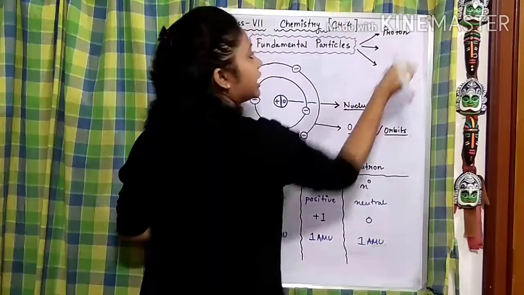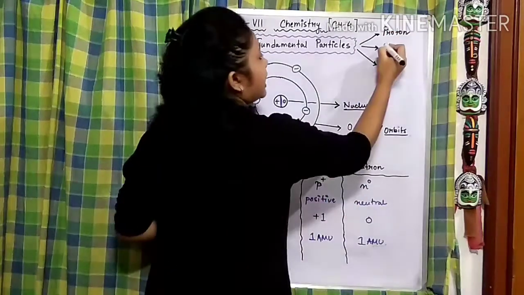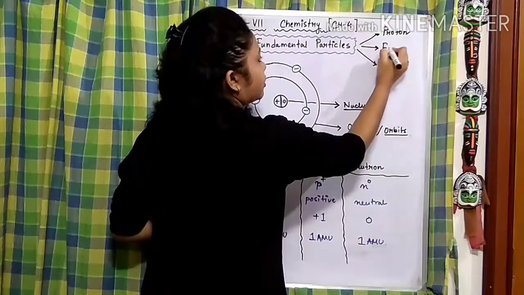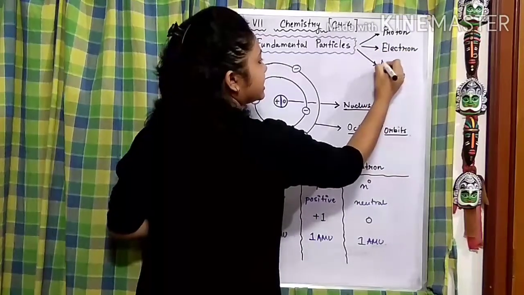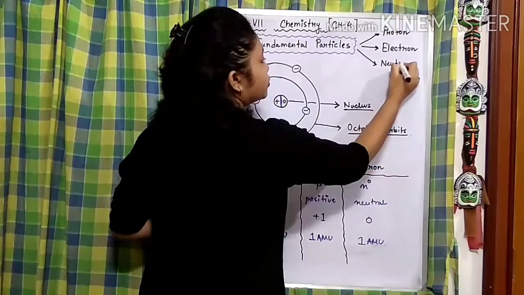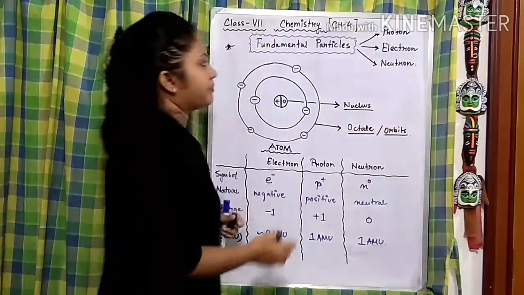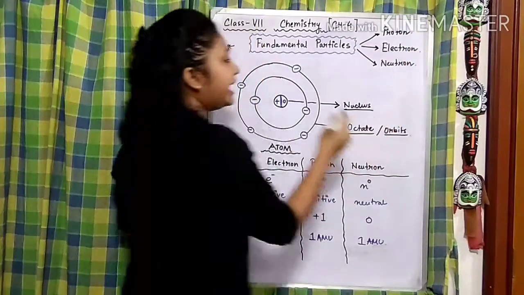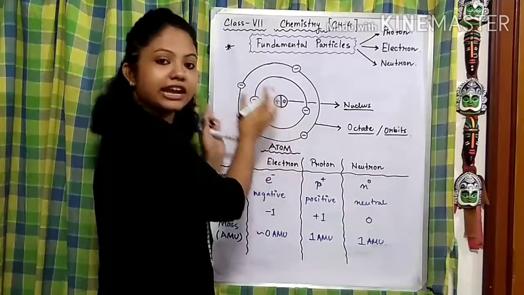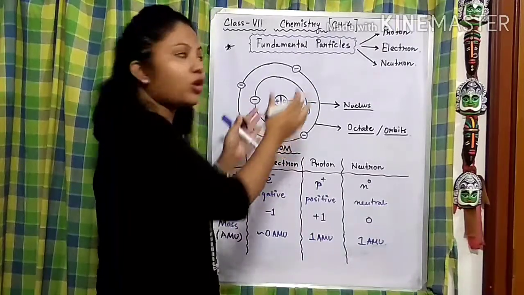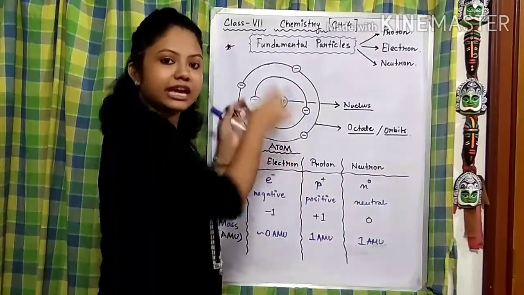Second one is electron. And the third one is neutron. Okay. Now, these 3 fundamental particles are residing inside an atom. We will find all of these 3 particles inside it.